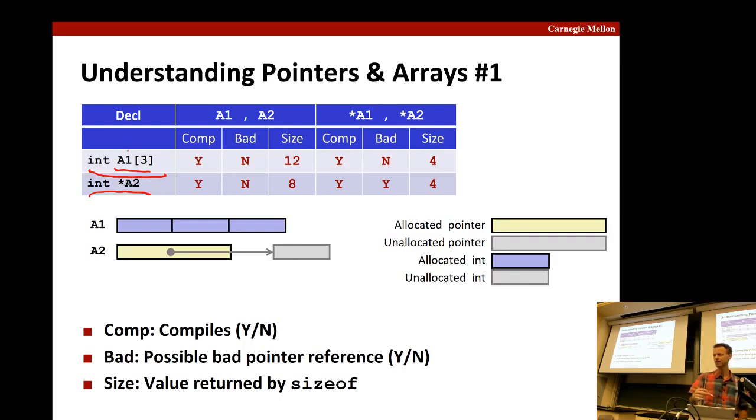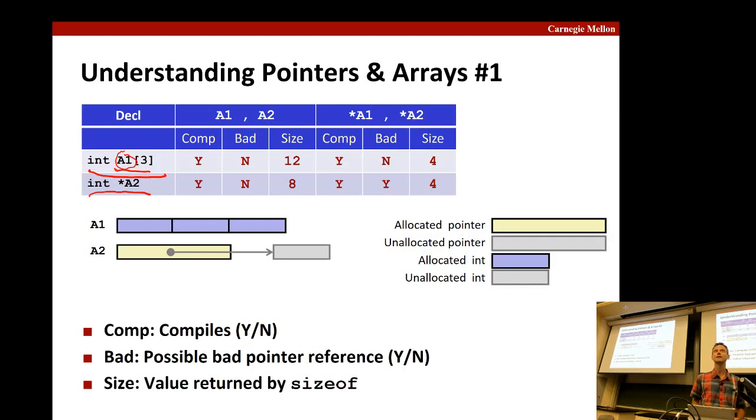It just depends on how you're referring to it. If you put in the sizeof command on A1, it will interpret that as asking for the size of this array. It'll be 12.